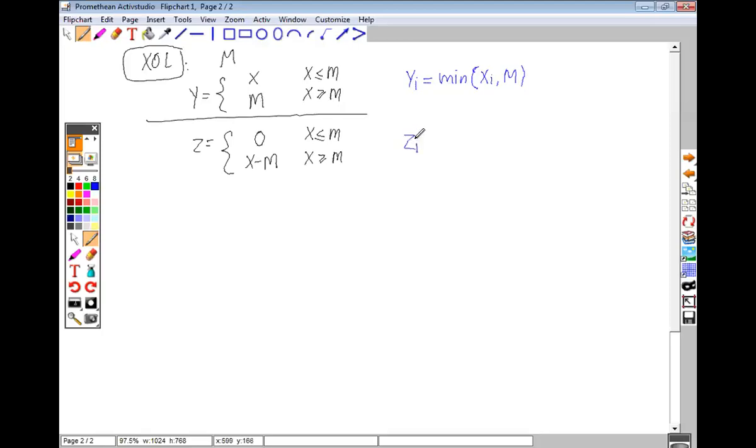And similarly for z, you can write it as maximum of, would anyone want to guess what would this be maximum of? So my y was the minimum of x and m. And what would be my z maximum of? Anyone?